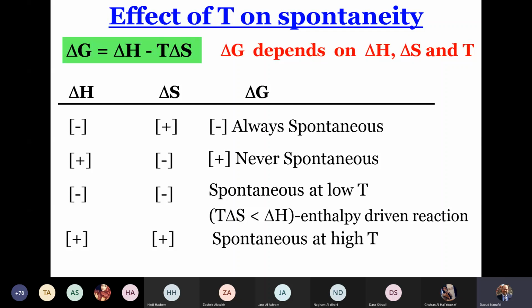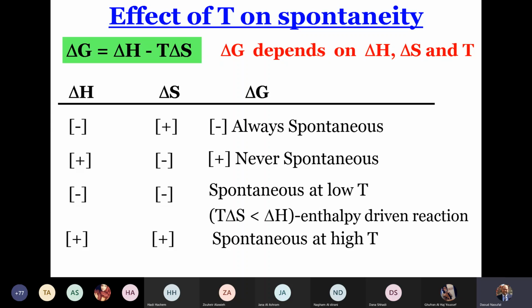As a conclusion, delta G of the reaction depends on delta H of the reaction, delta S of the reaction, and the temperature of the reaction. If the transformation is exothermic with an increase of disorder, the transformation is always spontaneous. Endothermic with an increase of order, directly you can say non-spontaneous.